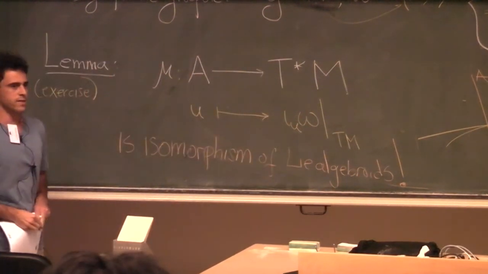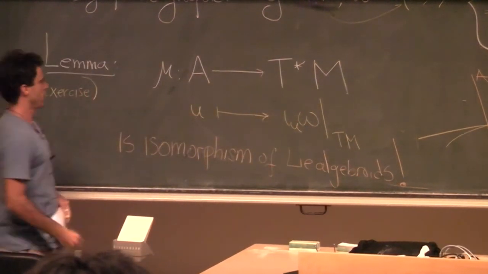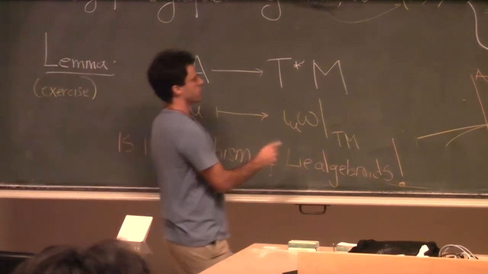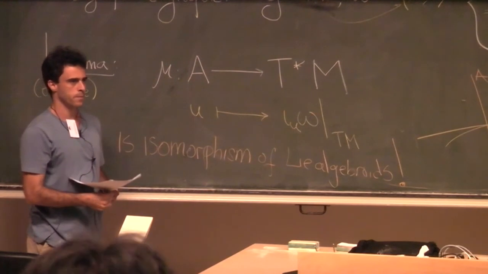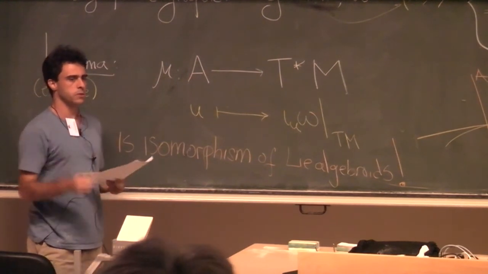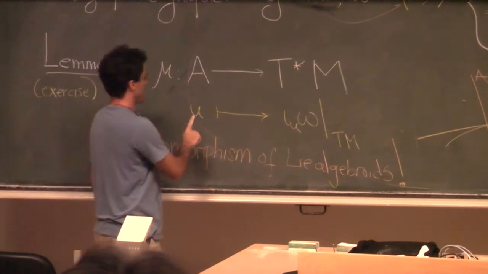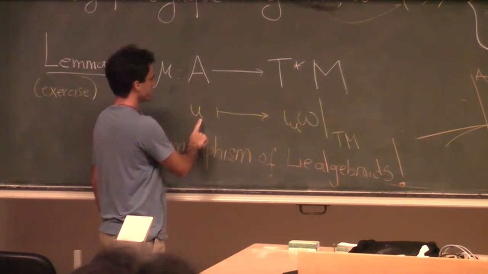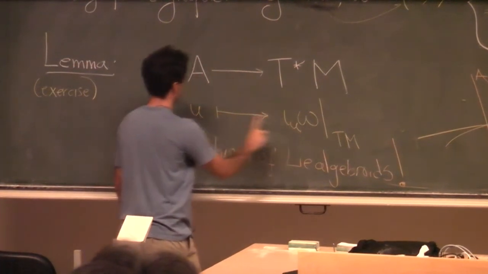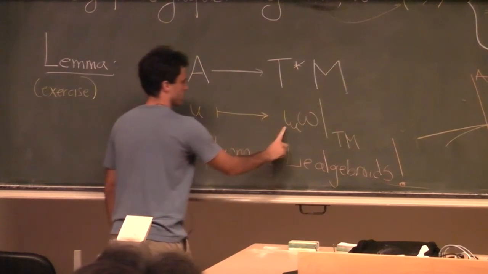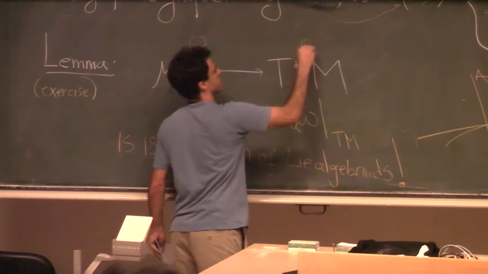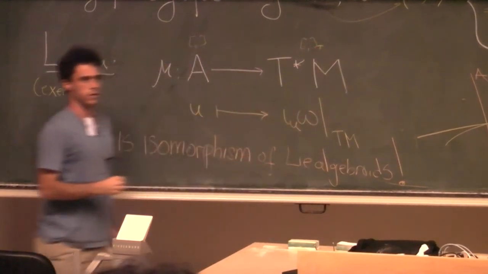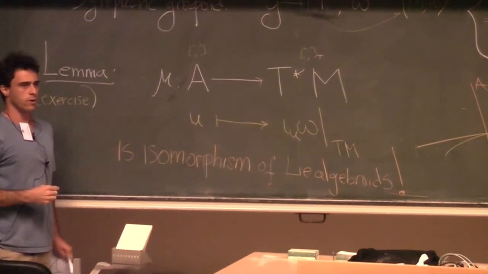The fact that this is an isomorphism of vector bundles basically comes from the fact that M sits inside G as a Lagrangian submanifold. This takes care of the kernel. But then to show that this in fact preserves the brackets, here you have a Lie bracket, and here you have this Lie bracket coming from the Poisson structure, it's a little bit more work.